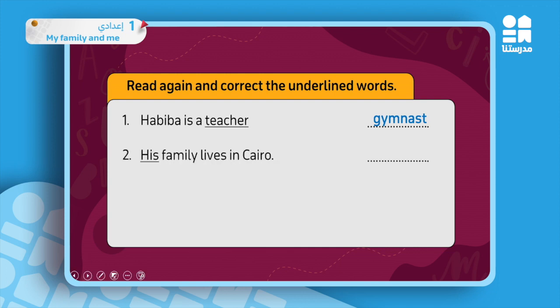His family lives in Cairo. Here I'm talking about whom, kids? All the text is talking about Habiba, and Habiba is a girl. So can I say his family? This is absolutely wrong. So it will be her family. Okay? Her family.